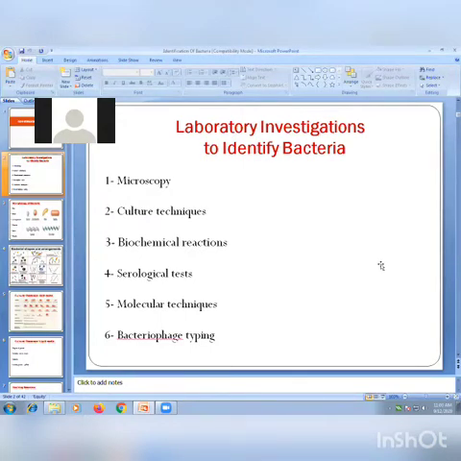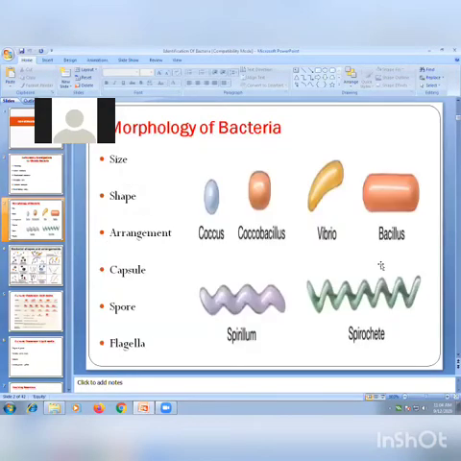And the last is bacteriophage typing. For a particular area, for epidemic purposes, to know which type of strain is dominant, we are using bacteriophage typing. So all these methods we are generally applying for identification of bacteria. Now we'll see one by one.